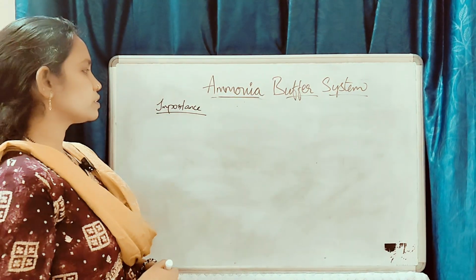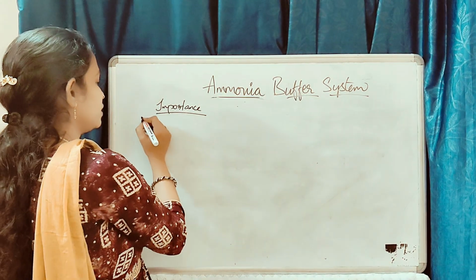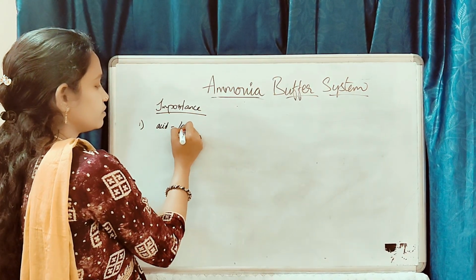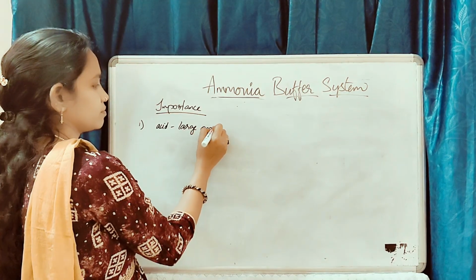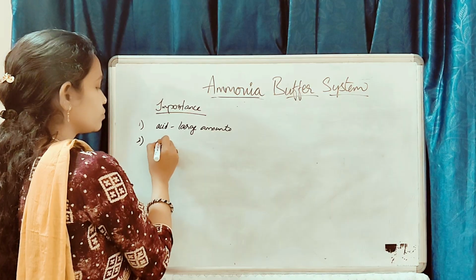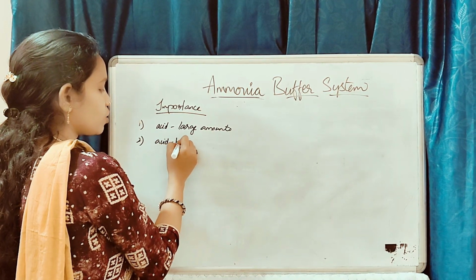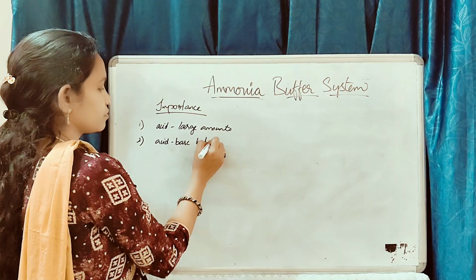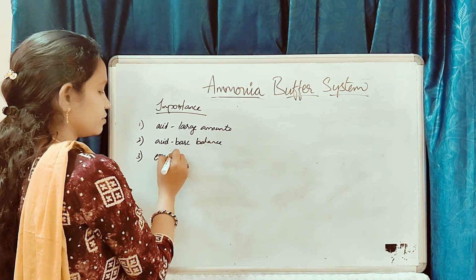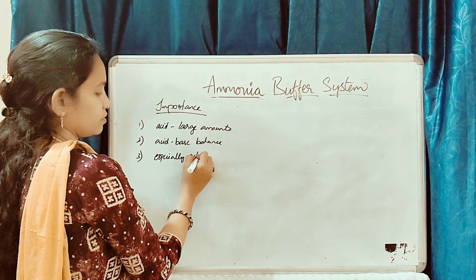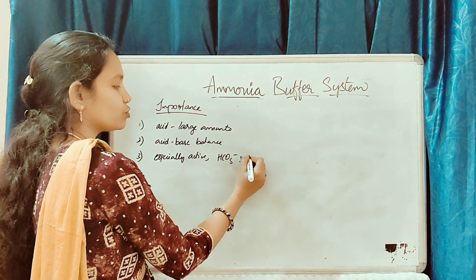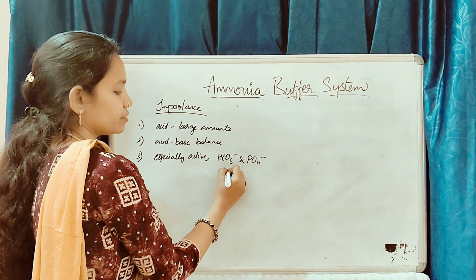Now let's see what is the importance of the ammonia buffer system. Actually, first it handles large amounts of acid. Second, it can help the body to maintain acid-base balance in the long term. Third, it is specially active when other buffer systems like bicarbonate and phosphate are not enough.